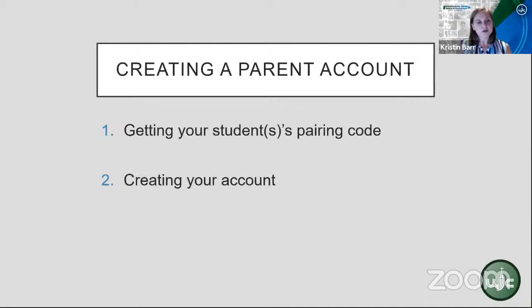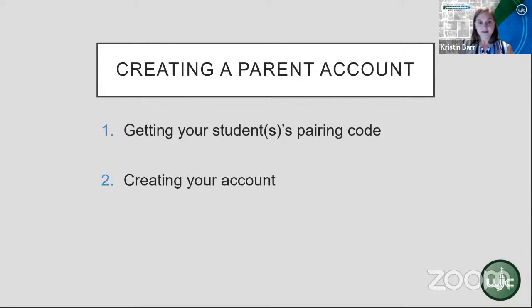So first, we'll look at how you get a pairing code from your student's account. This is where you'll get a 6-digit random code that you'll enter when you create your account so that you're matched with your specific student. As many pairing codes can be generated as needed.